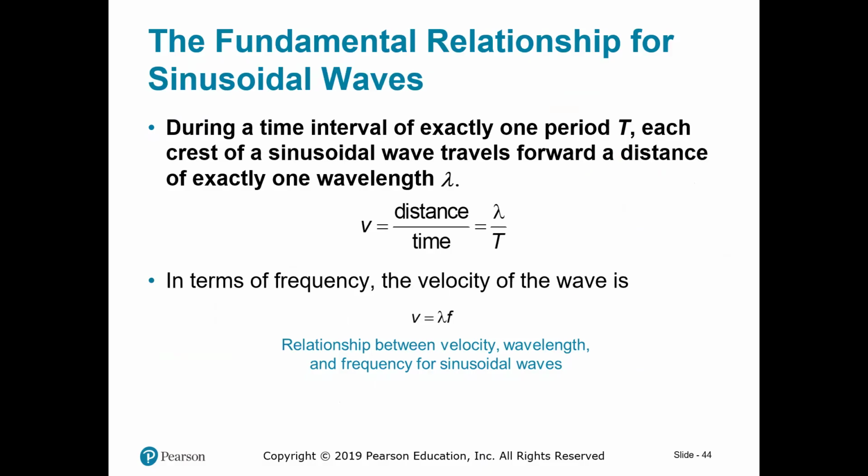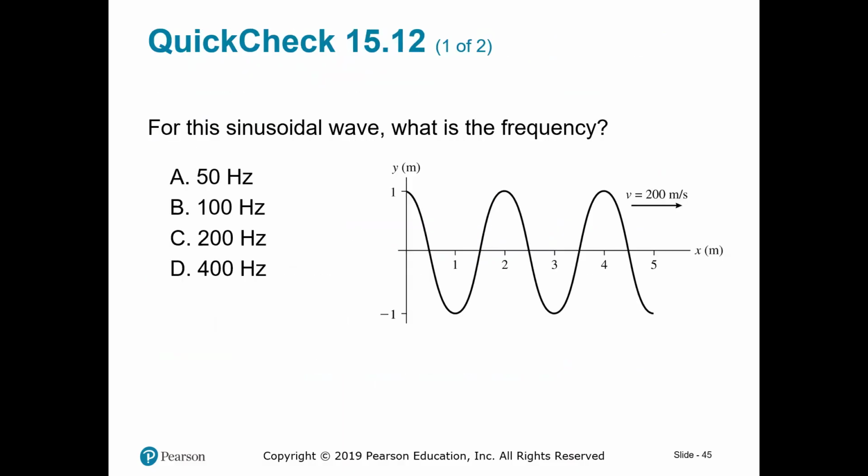And again, as I said, the wave velocity is given by wavelength divided by time period, or you can say lambda times frequency, because 1 over T is the frequency. What is the frequency this time?